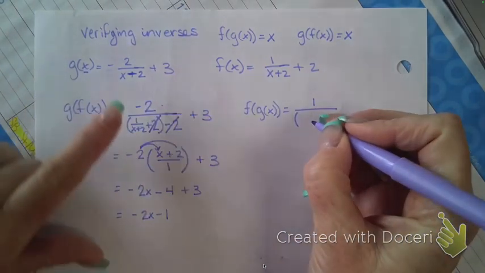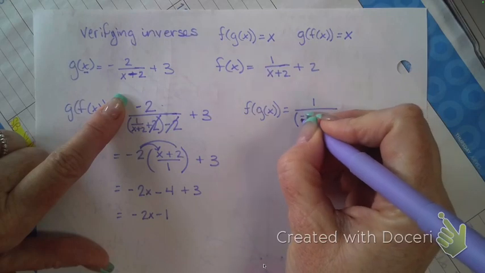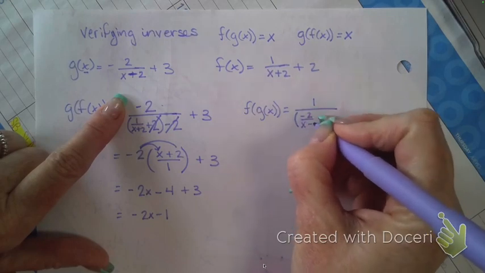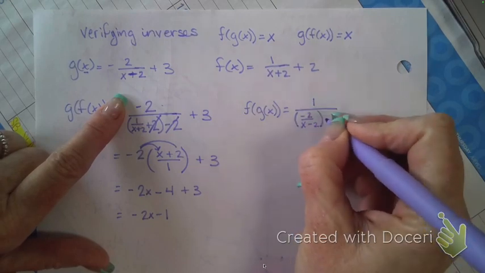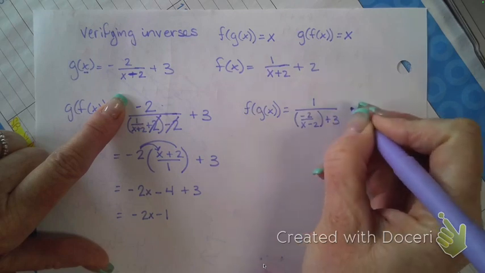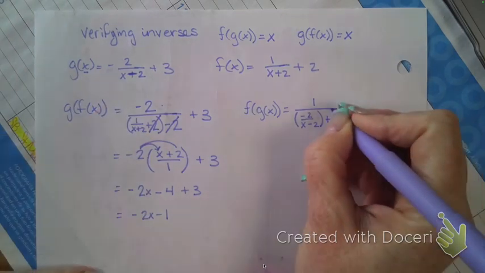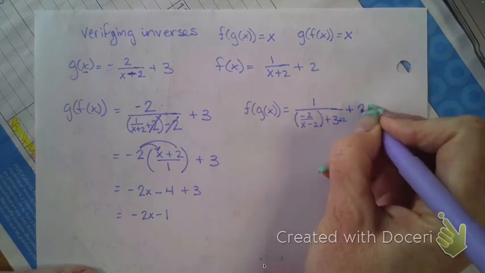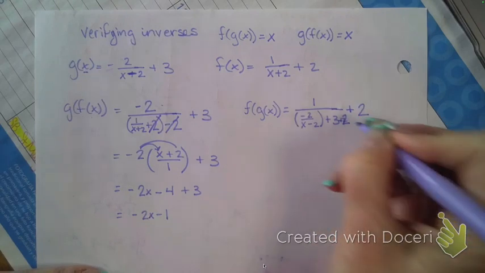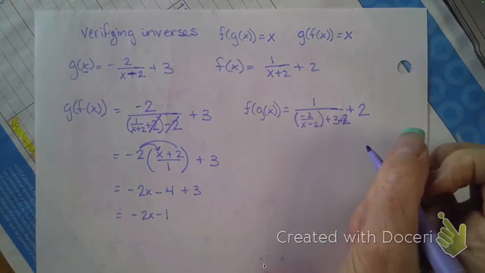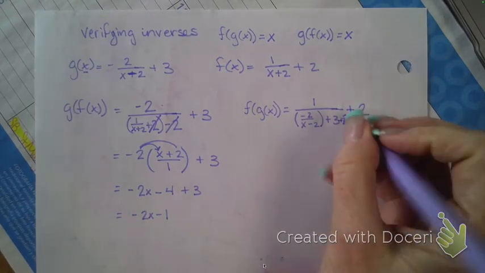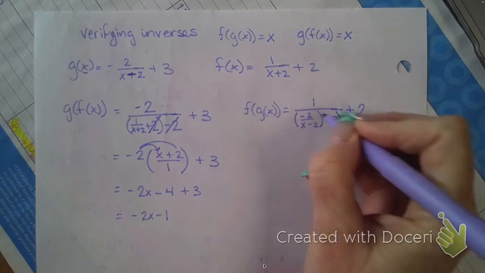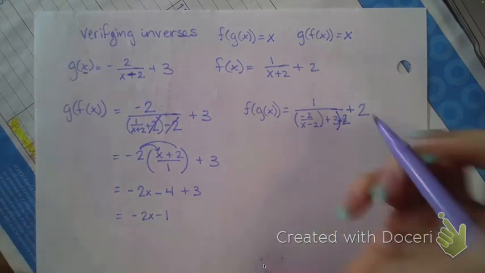Negative 2x minus 2 plus 3. X minus 2 plus 3 plus 2 plus 2. Why did you put the plus 3 on the outside of the parentheses? Oh, it should be here.